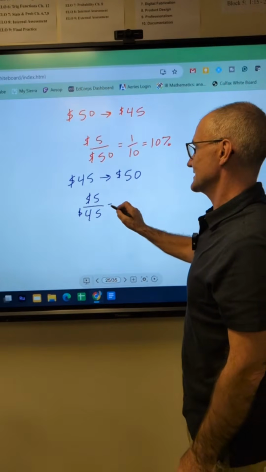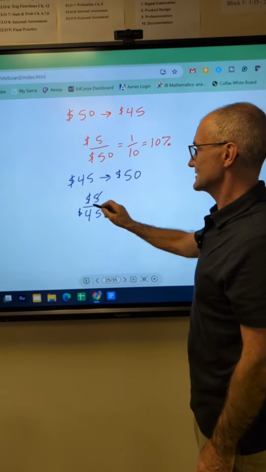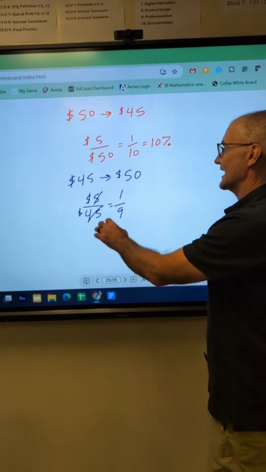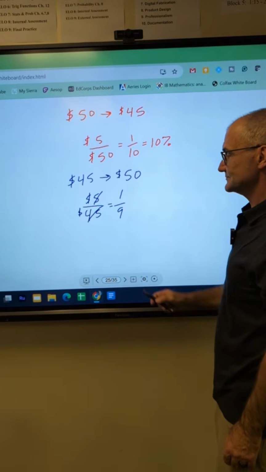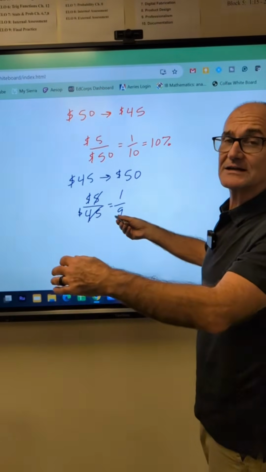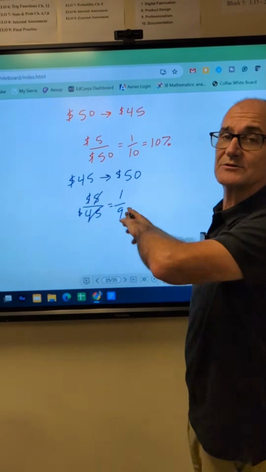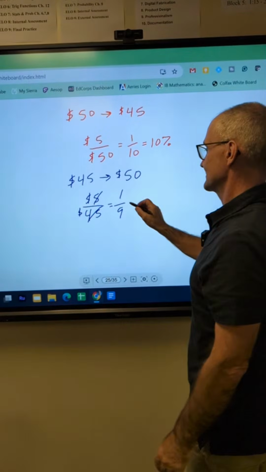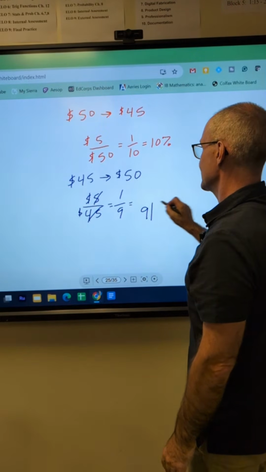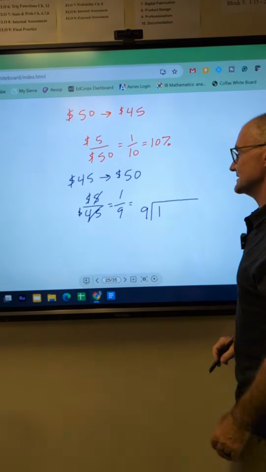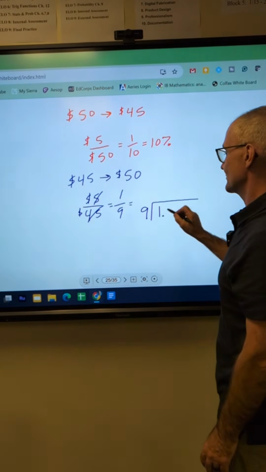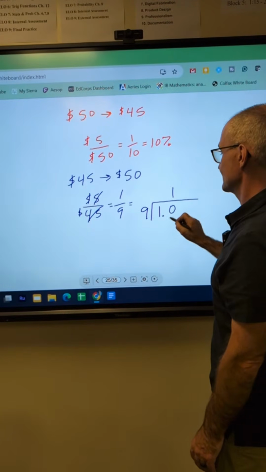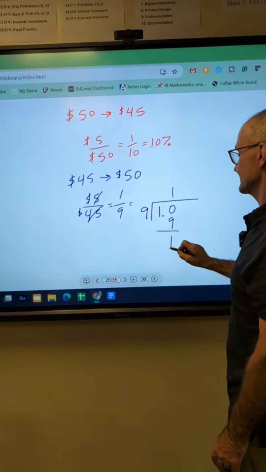I might be able to see this as a fraction. 5 goes into here 1 time, into here 9 times. The way I convert this fraction to a decimal to get it to a percent is I think of that fraction like this, and it falls over. So how many times does 9 go into 1? Well, it doesn't. So it has to be 1.0. 9 goes into 10 1 time with 1 left over.